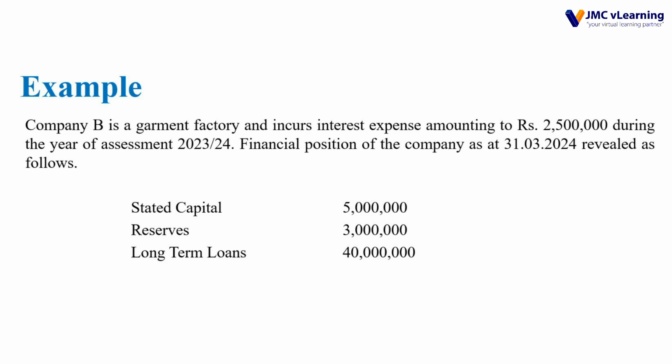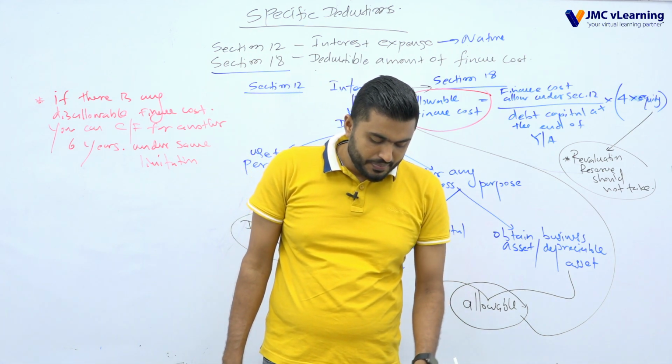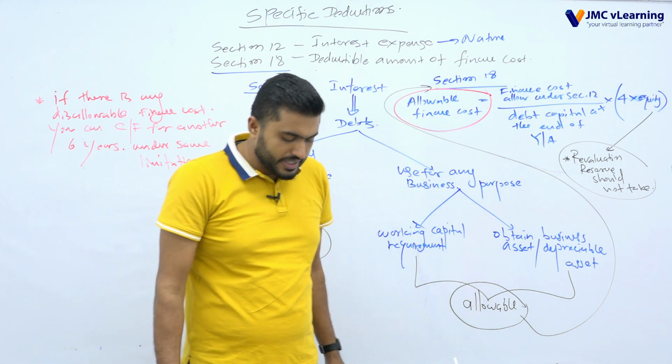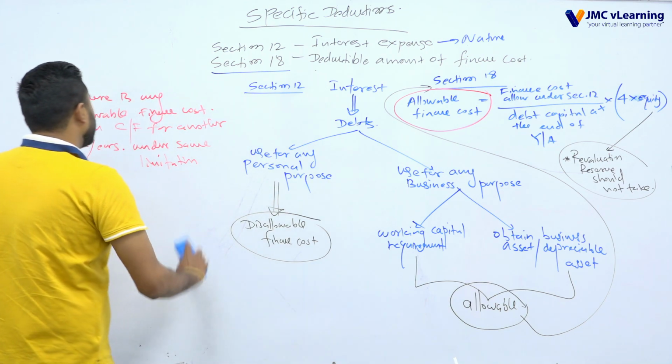The financial position as at 31st March 2024 is as follows: the stated capital is 5 million, the reserves 3 million, and the long term loans 40 million. You are supposed to calculate the disallowable finance cost, if there is any. So we'll see how we can calculate this.